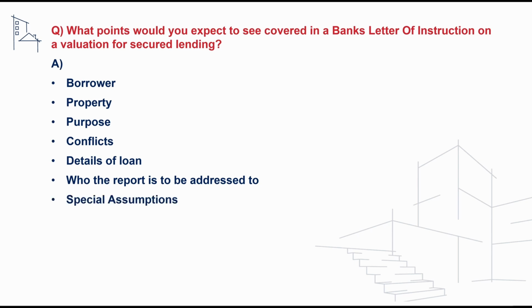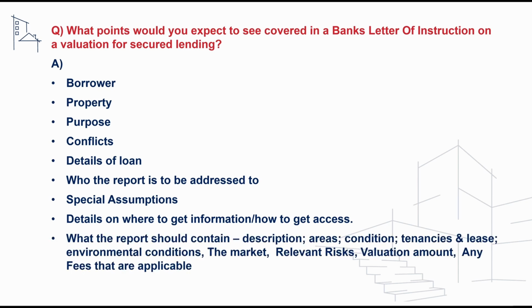We'd also expect to see details of any special assumptions that have been made. Details on where to get further information and how to gain access to the property should also be provided. And finally, we would also expect to see some details of what the valuation report should contain. For example, the description, areas, condition, tenancy and lease, any environmental conditions, the market conditions, any relevant risks, the valuation amount, and any fees that are applicable.